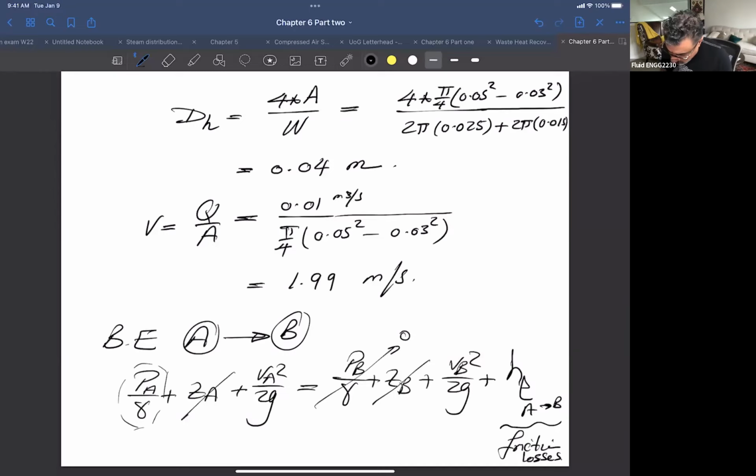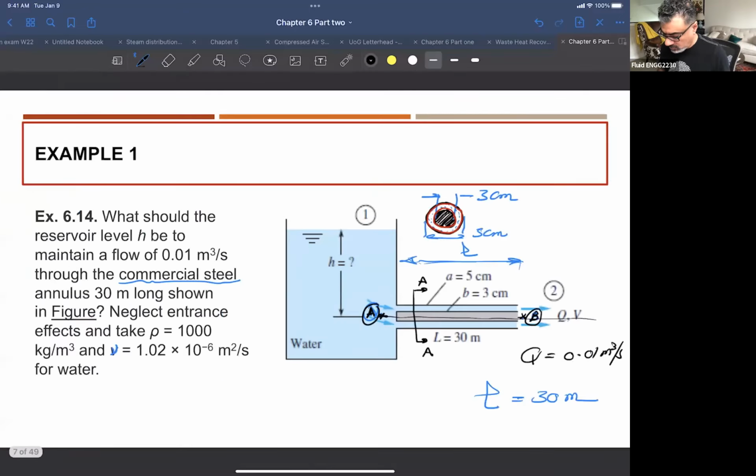So the pressure at point A is gamma times H, which means this whole equation now becomes H. And the velocity at point A is zero.